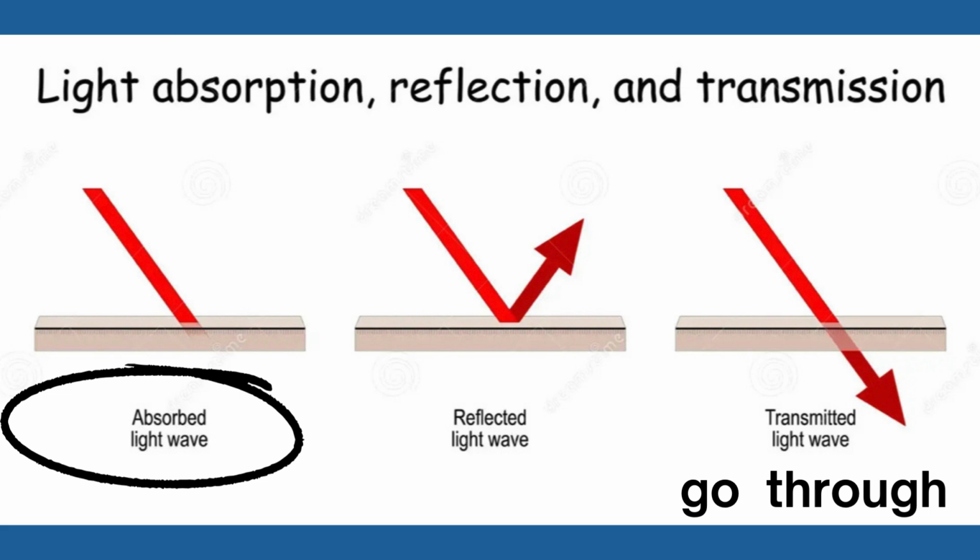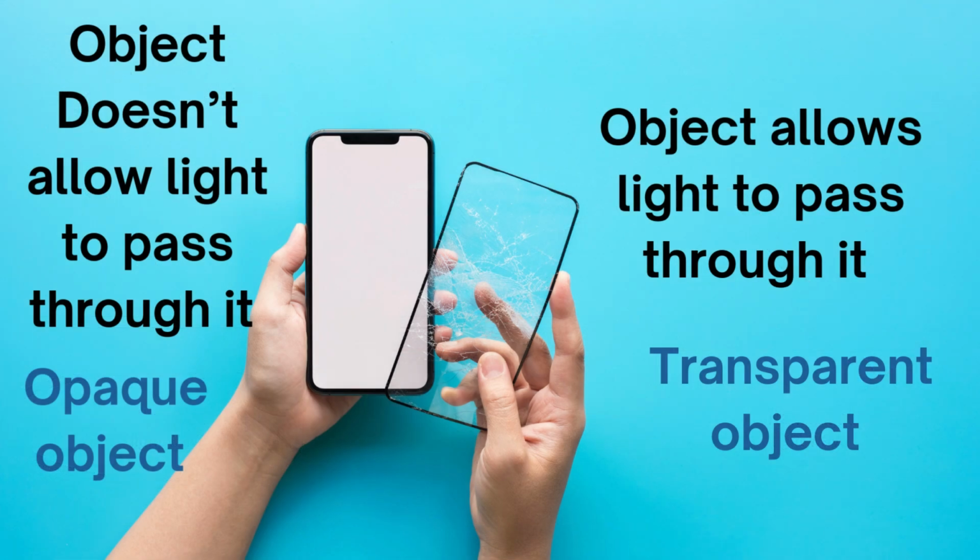Okay? Again, objects may absorb the light rays or reflect the light rays so we can see this object, or the objects may allow the light rays to pass through them. So as you see here, we have a mobile and a screen for the mobile.